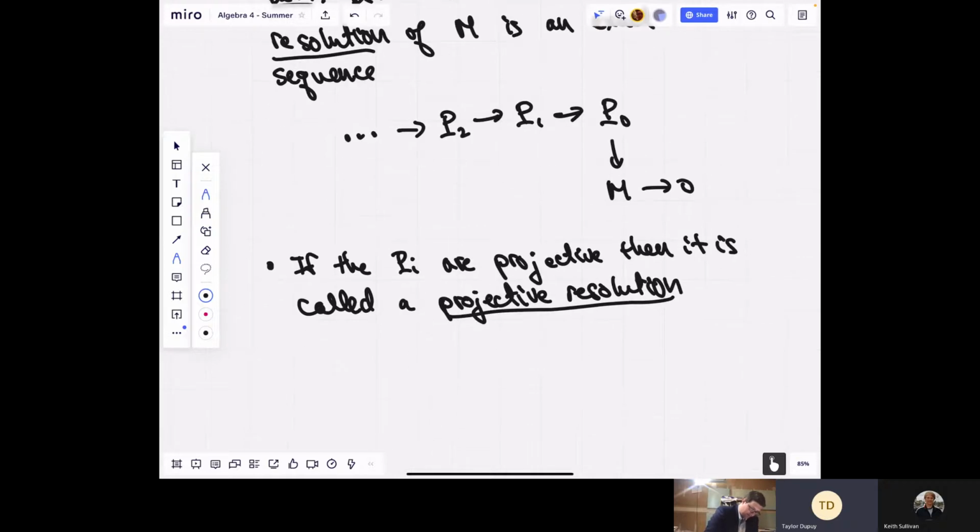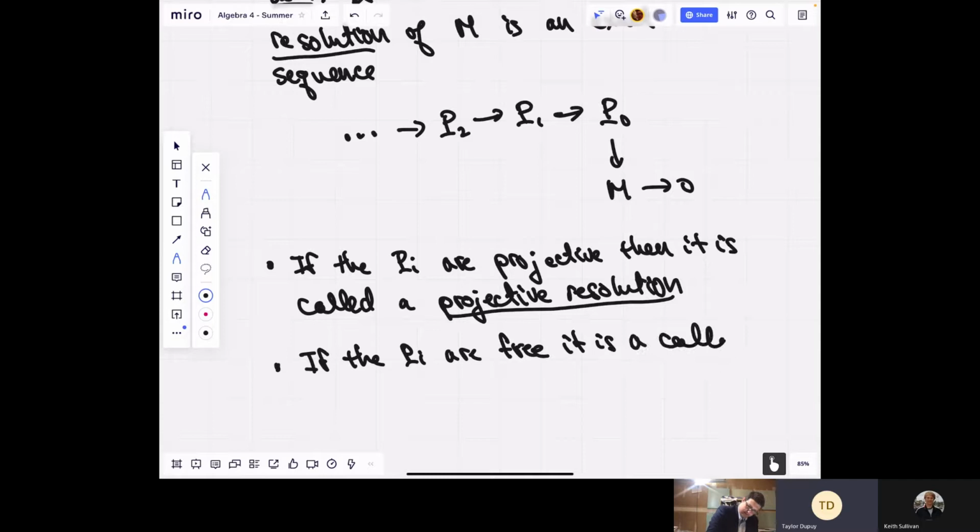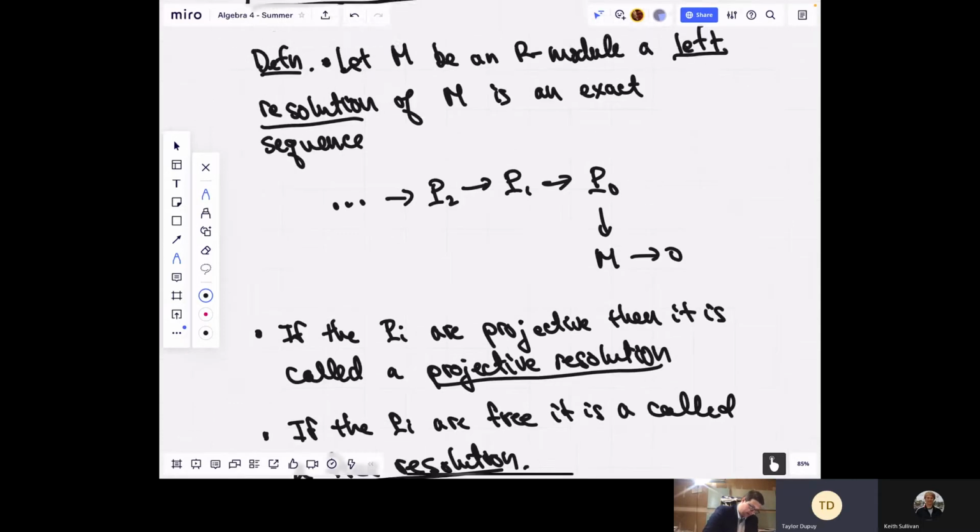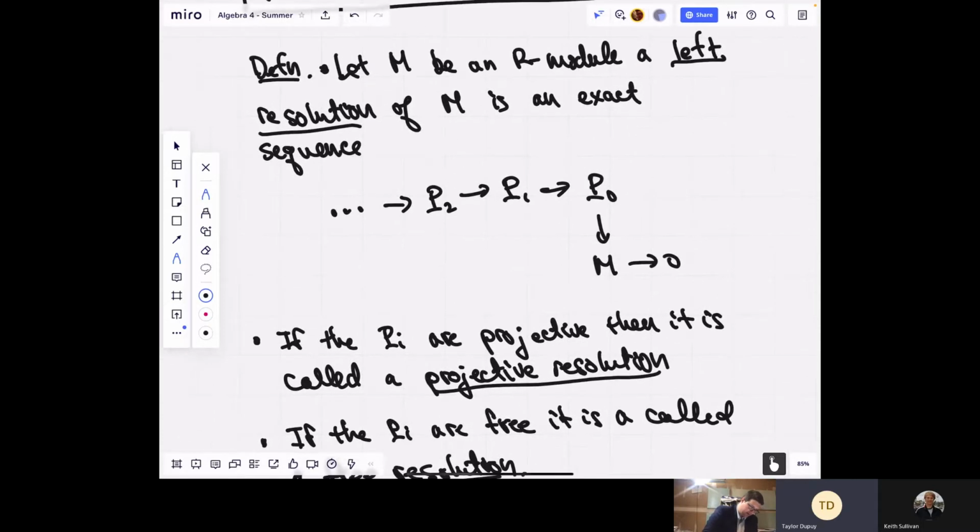Okay, if the Pi are free, it is called a free resolution. Okay, so you just have these things that do this.